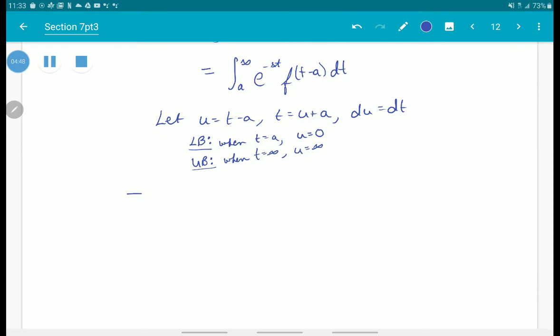So then when we do that, our lower bound is 0 and the upper bound is infinity. So we have e to the negative st. But remember, t is u plus a. T minus a we called u.